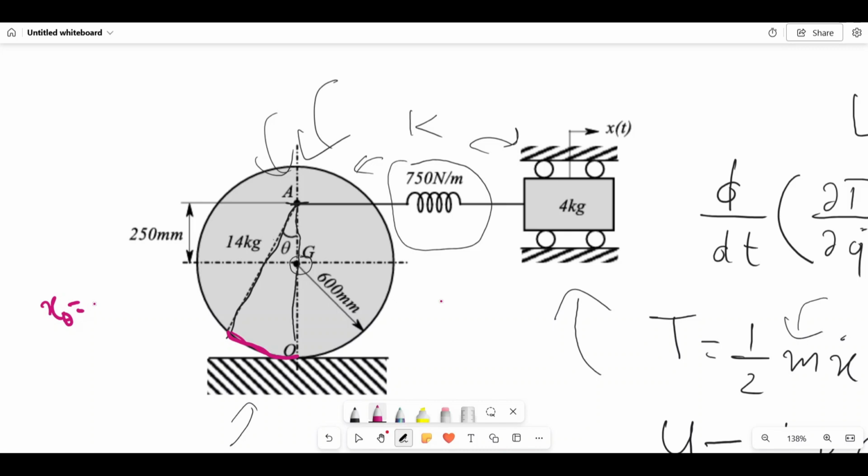X theta will simply be r multiplied by theta. But you have to pay attention. What is r? R in this case is the distance, you can see, from this center to the bottom here, which is 250 plus 600. R in this case is not the radius of this thing. I hope I'm making sense. R is this distance completed from top to one of the corners of the circle. Am I making sense, guys?